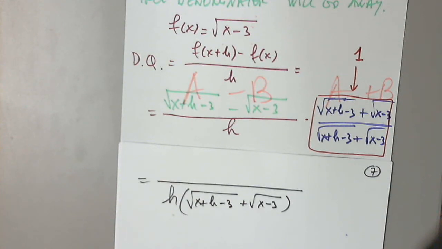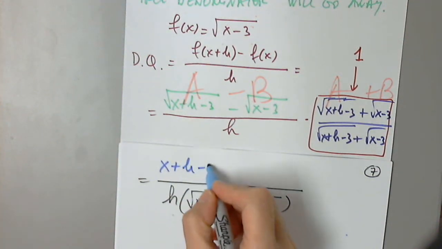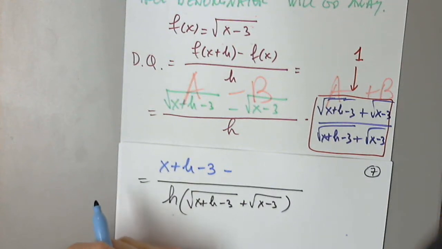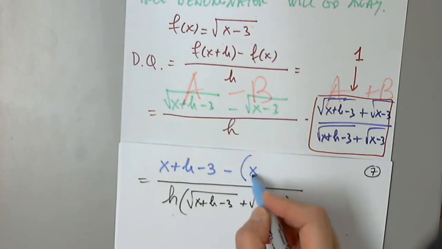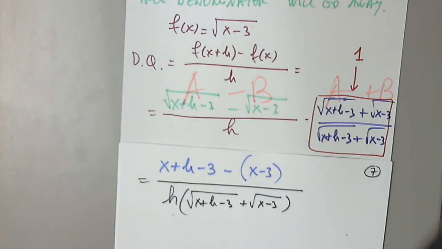So it would be just x plus h minus 3. Perfect so far? Minus 2 times... Careful, that's not that formula. A minus B times A plus B is A squared minus B squared. Oh, you're right, that's better.